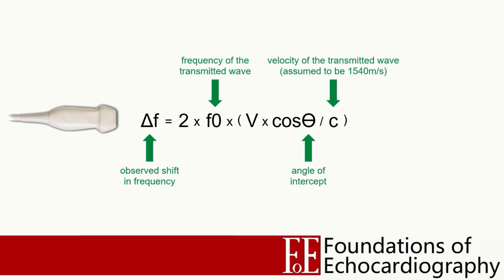In cardiac ultrasound, we go to great lengths to ensure that the direction of the ultrasound beam is aligned as perfectly as possible with the motion of the part of the heart that we're interested in. When we're using the Doppler equation, we assume that theta is 0 degrees, and the cosine of 0 degrees is 1, so for cosine of theta we can use the value 1.